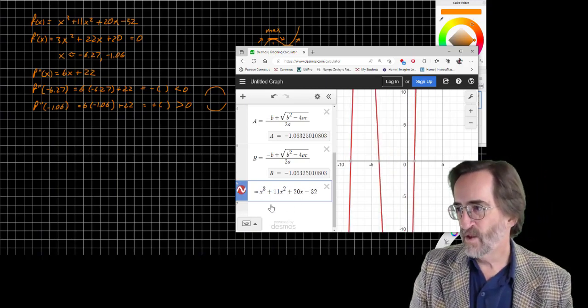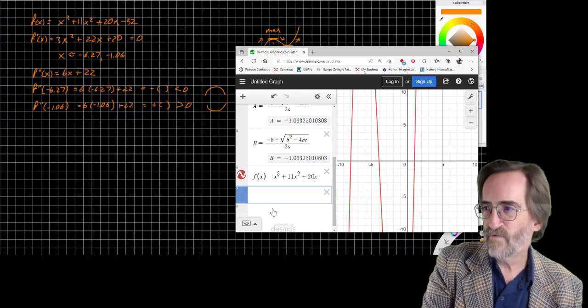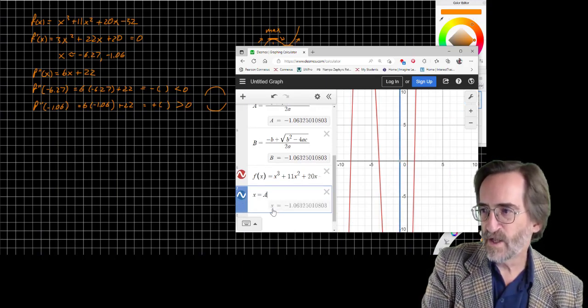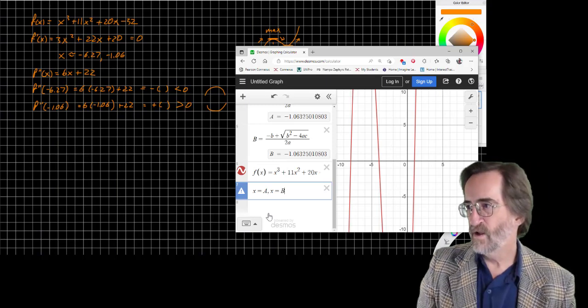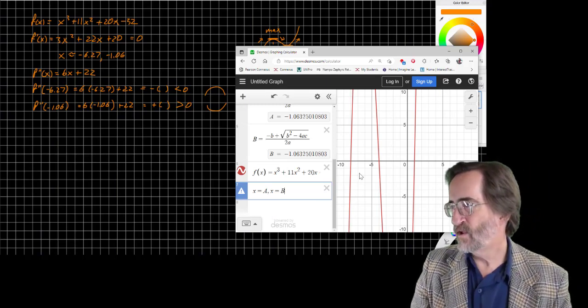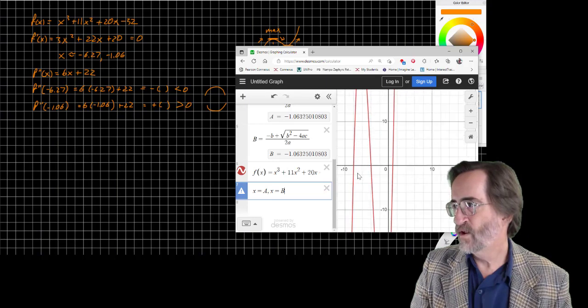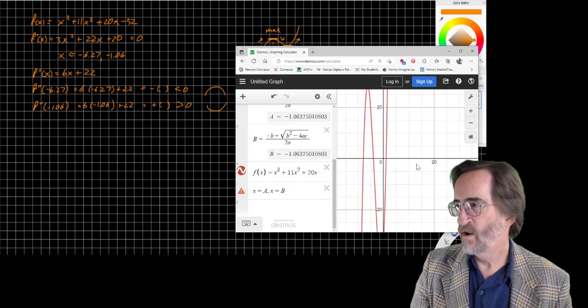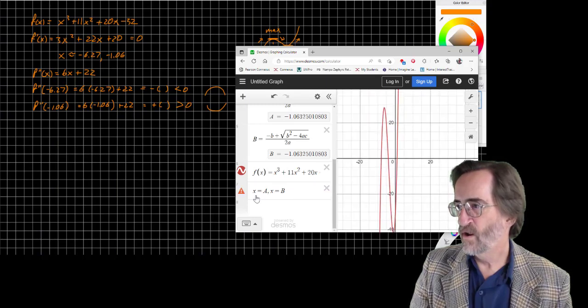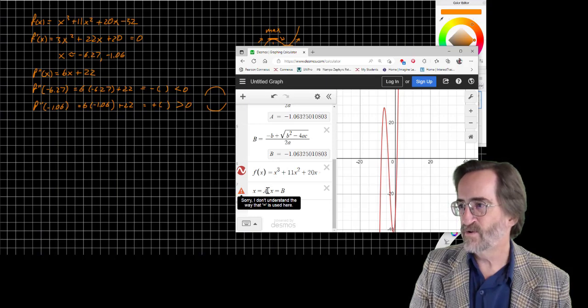Okay, and let's graph x equals A and x equals B. And it's giving me an hourglass. I don't understand. Okay, I can't do that, huh?